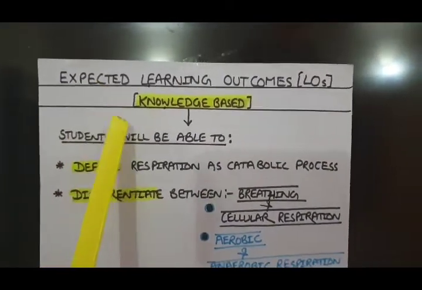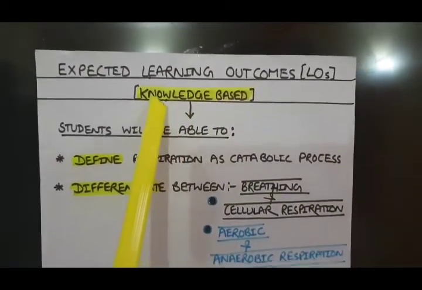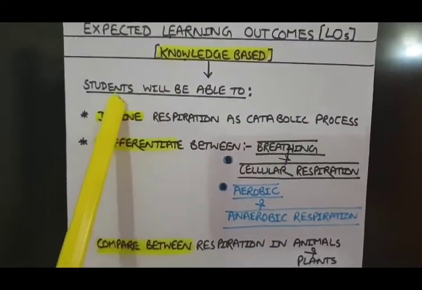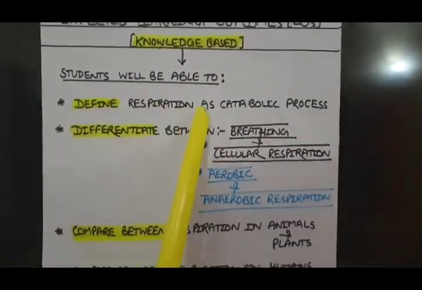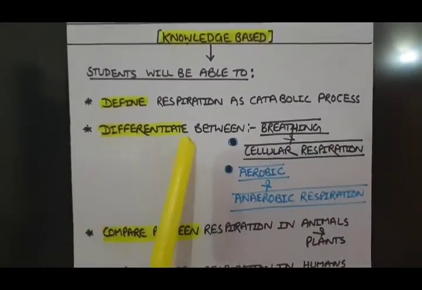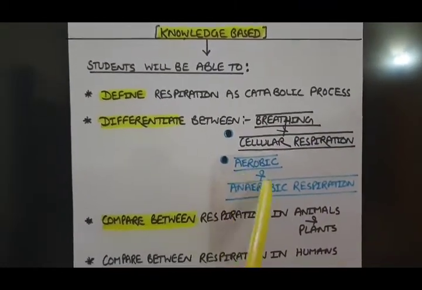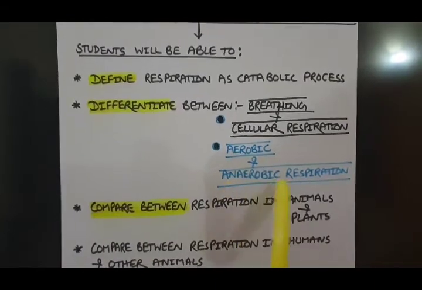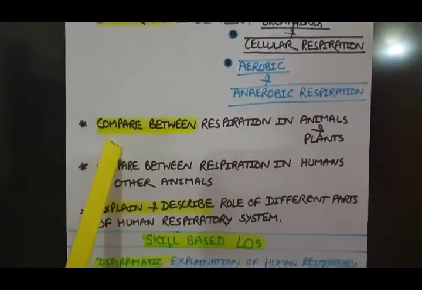There will be these expected learning outcomes. Knowledge based learning outcomes, where you will be able to define respiration as a catabolic process. You will be able to differentiate between breathing and cellular respiration, and between aerobic and anaerobic respiration as different types of respiration.